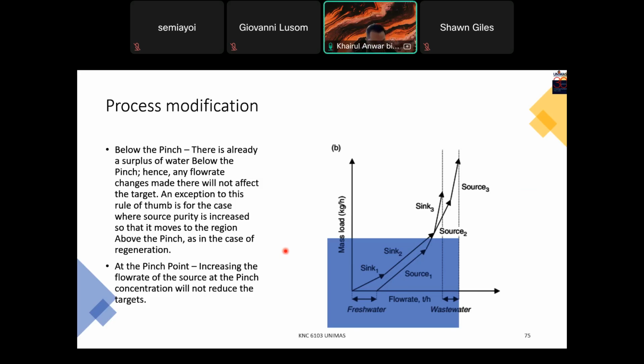Note that for the paper, regeneration above and across the pinch, meaning here or on the pinch itself, will reduce the freshwater consumption and wastewater generation. Whereas regeneration below the pinch here will only reduce the wastewater generation.